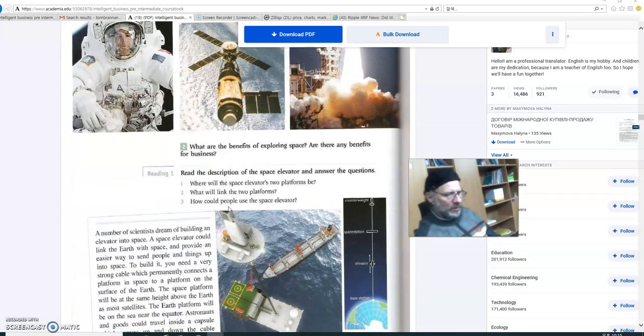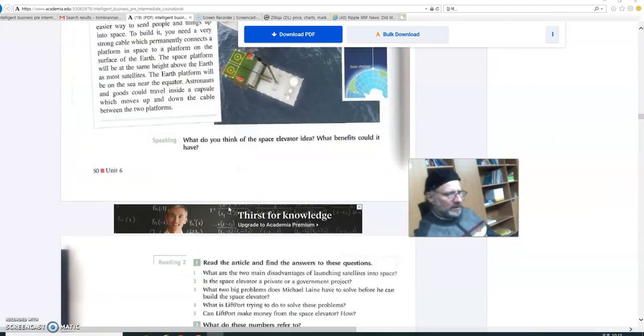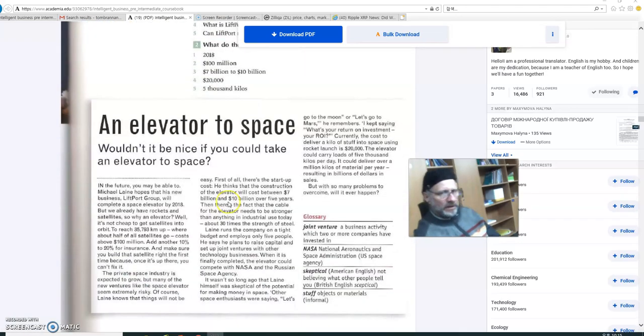So we're just going to scroll fairly quickly through here. Now, the article deals with the possibility of building an elevator from Earth all the way up into space, making it perhaps cheaper and easier to get into space. What do you think about that? Just think about that for a moment.